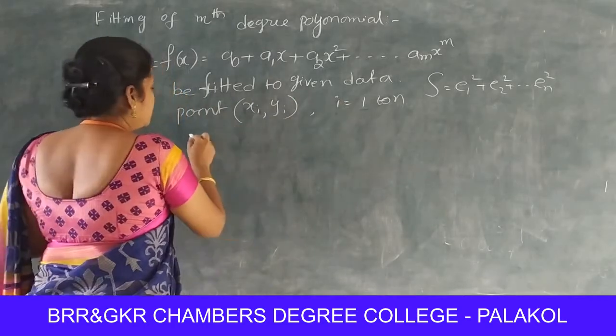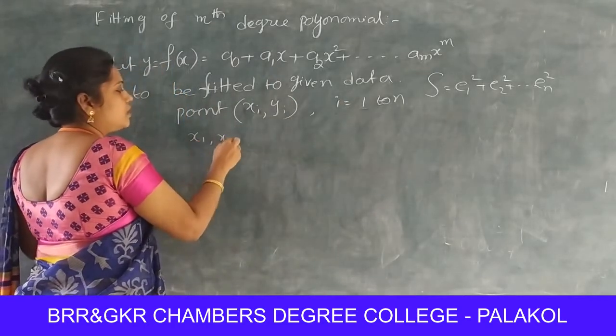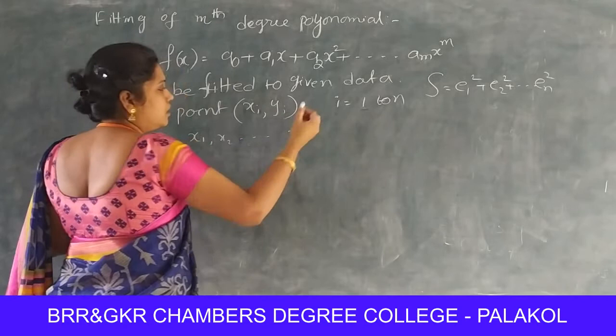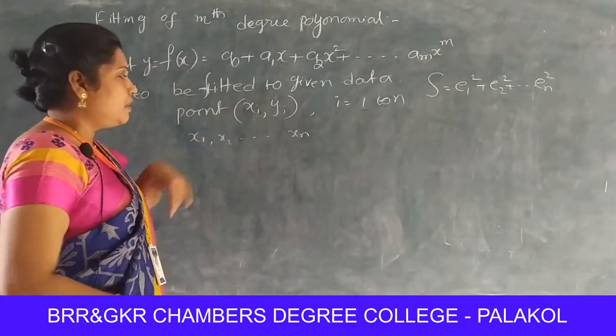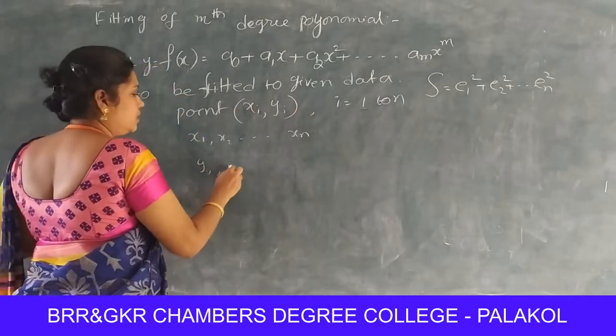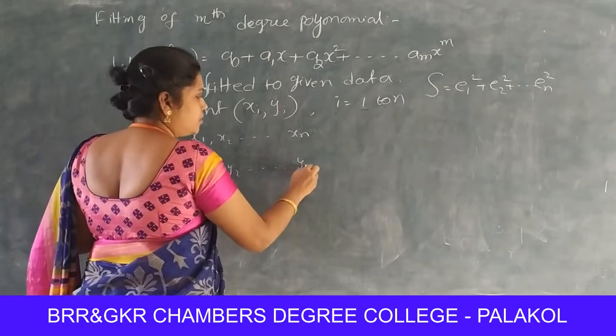Here x1, x2 and so on xn are the assumed values, and y1, y2 and so on yn are the ordinate values.